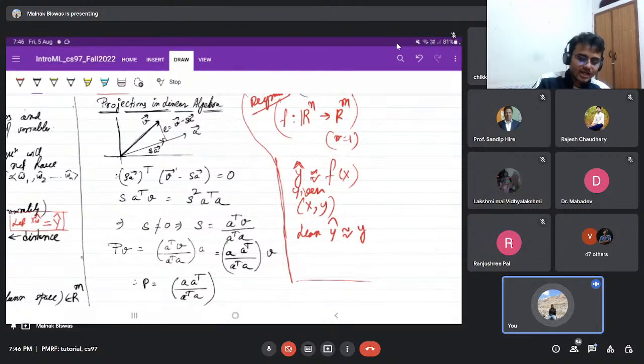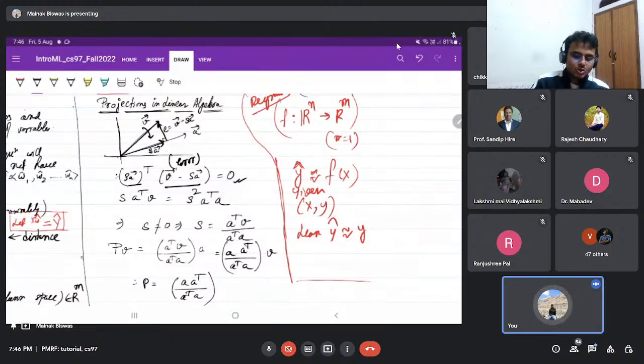To get v along a, we need to take the dot product. This is the error vector. The error vector and this vector a are clearly perpendicular from the image. So we take the dot product between this vector and the error vector, and that turns out to be 0.